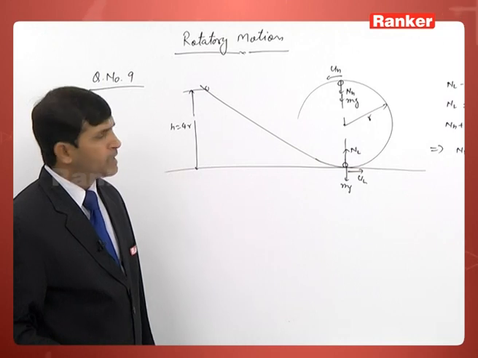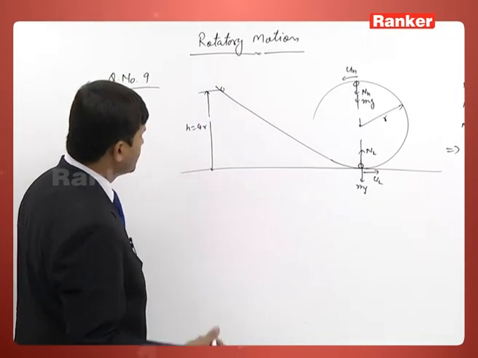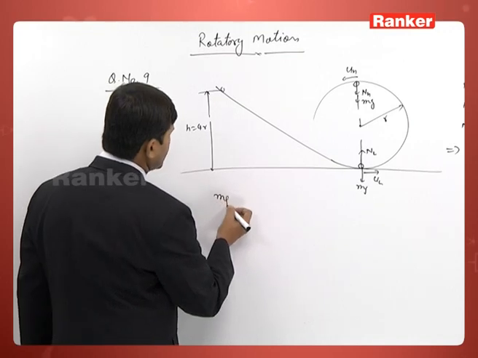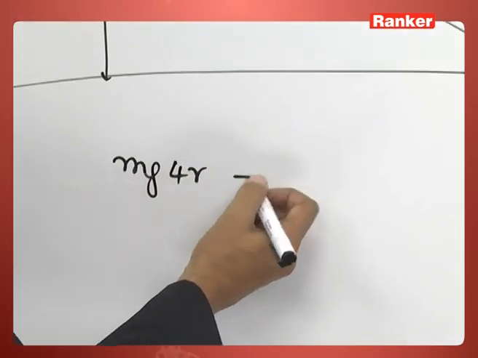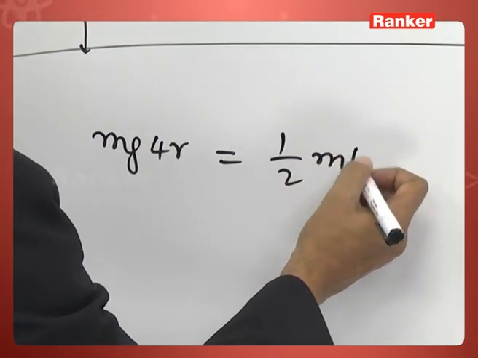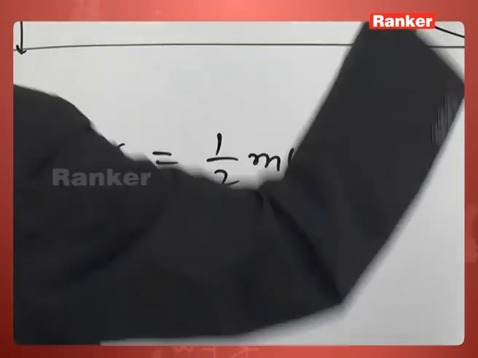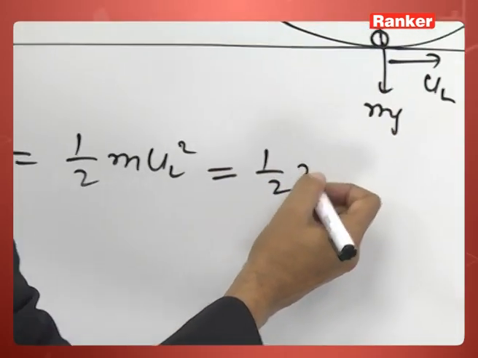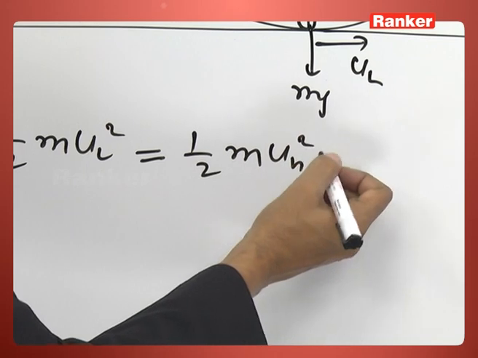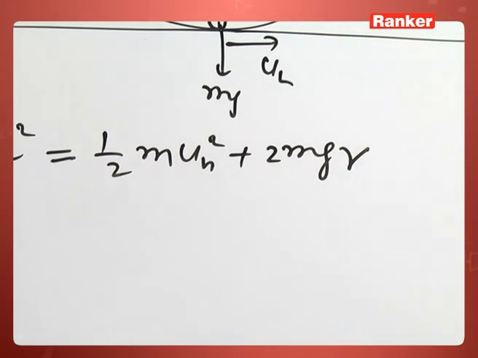Now we can apply the conservation of energy equation. Here potential energy mg into 4r. Here kinetic energy half m UL square, no potential, and here kinetic half m UH square plus potential 2 mgr.